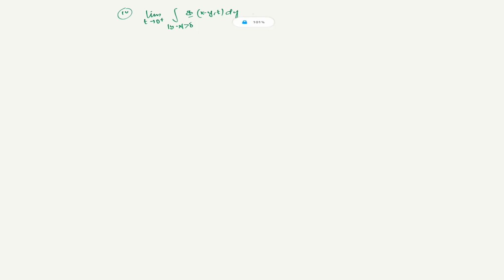How do you show that? To show something like this, we are going to write this as limit t tends to 0 plus, with some calculation, pi to the power minus n by 2. I'm just writing out what phi of t is, and after that I'm using a change of variable.